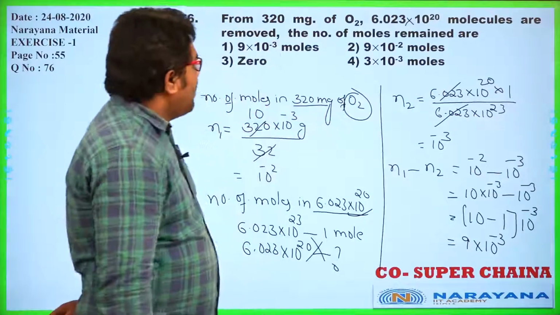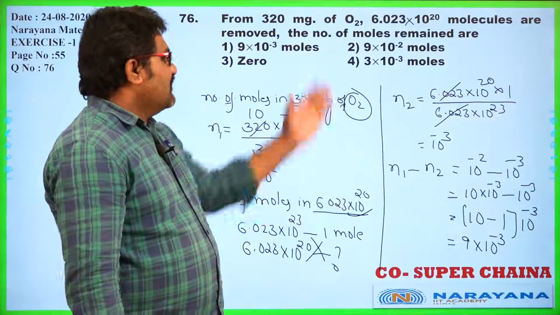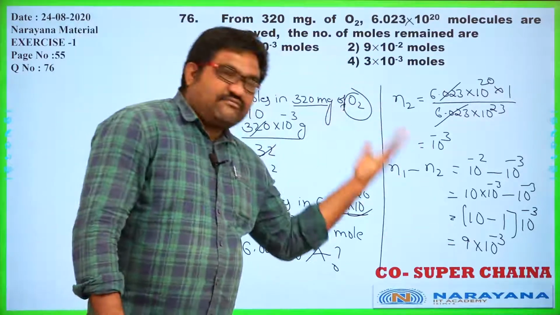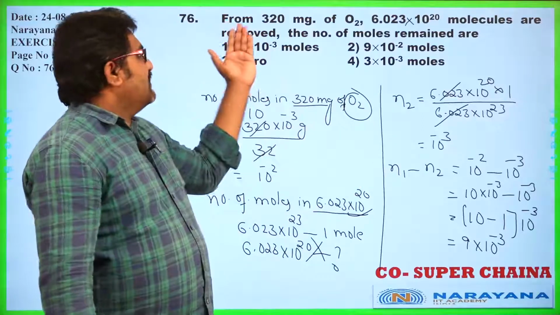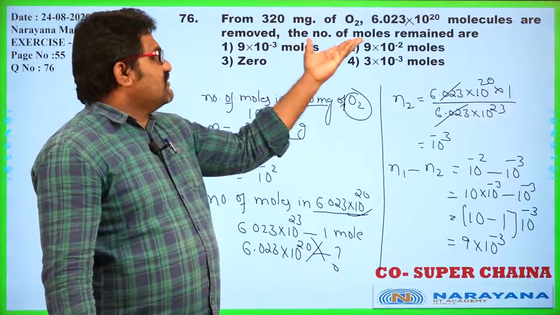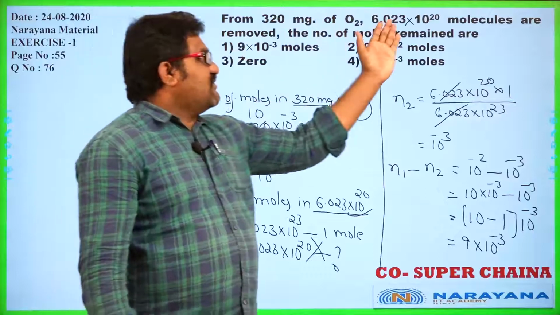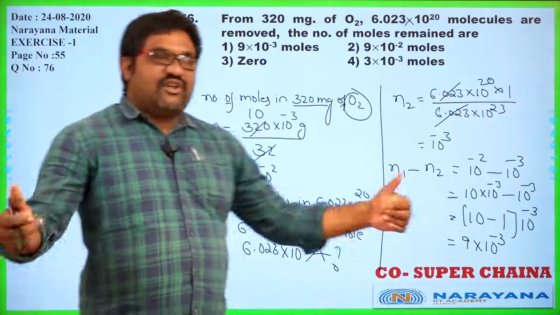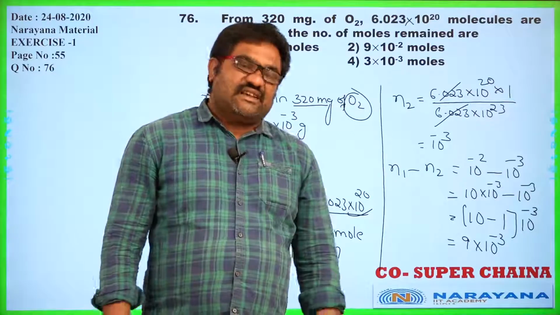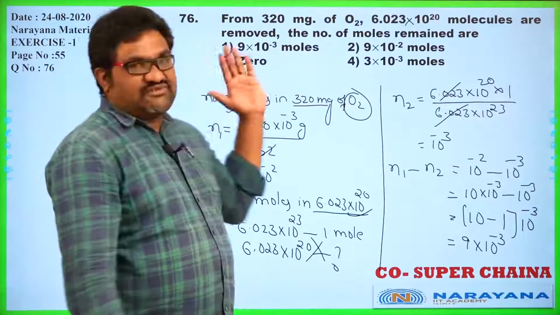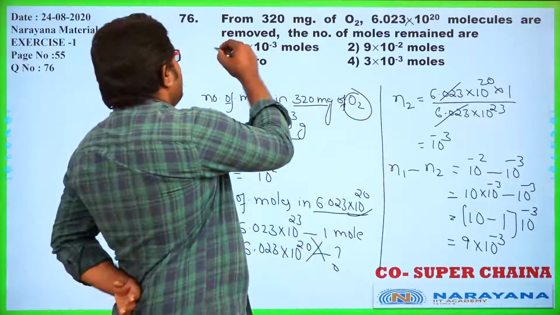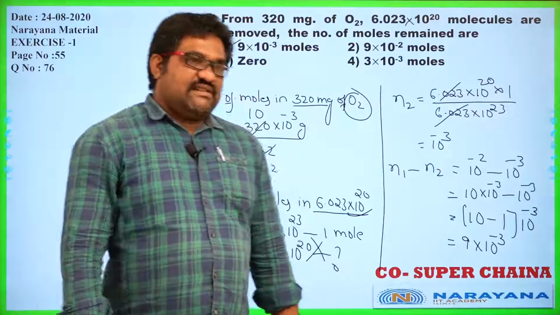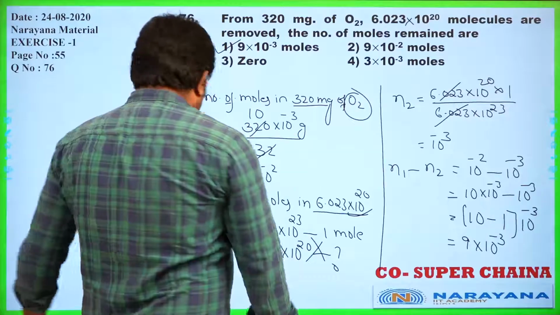So that is the answer of the remaining number of moles when 6.023 into 10 power 20 molecules are removed from 320 milligrams of O2. Is it clear? So, among the given options, the first option is the correct one. Let us go for the next question.